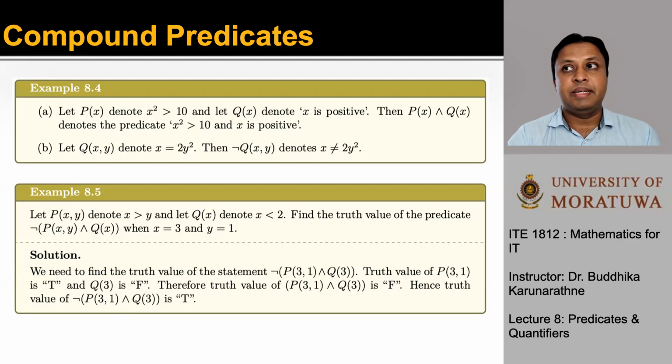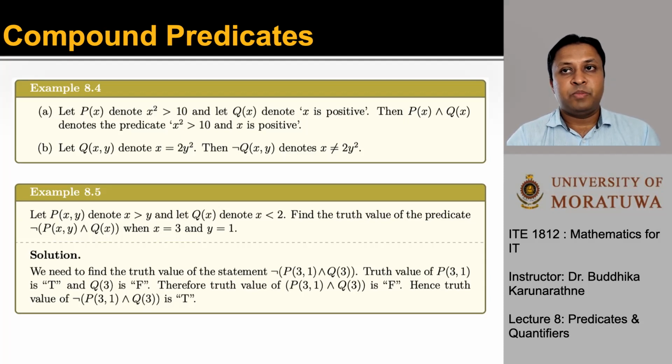So we have a combination, or compound predicate. Example B, let Q(x,y) denote x is equal to 2y squared. Then negation of Q(x,y) denotes x is not equal to 2y squared. So those are examples of compound predicates.